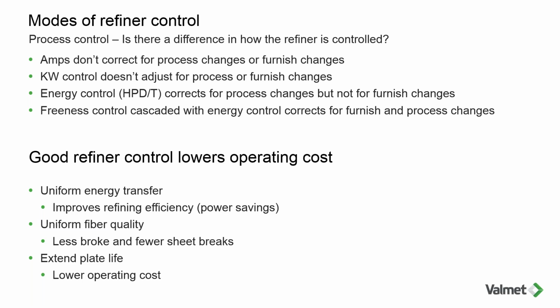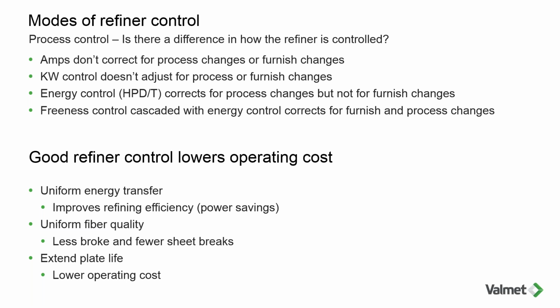So this slide is a little bit busy, but the main goal is there's lots of ways in which customers operate their refiners, some better than others. Traditionally, it was amps. And a step improvement was, okay, let's control through constant power. Then came energy control, and finally, freeness control with cascading energy controls.